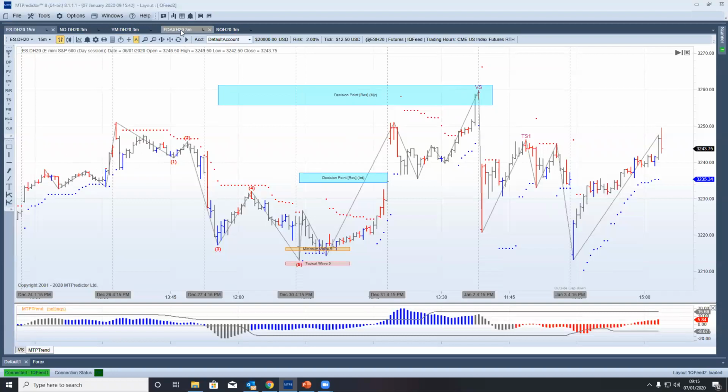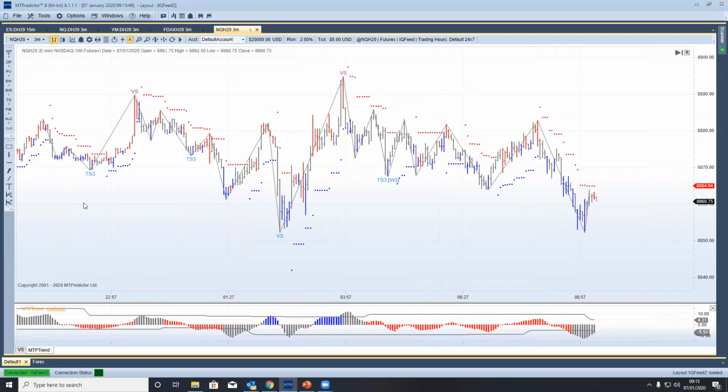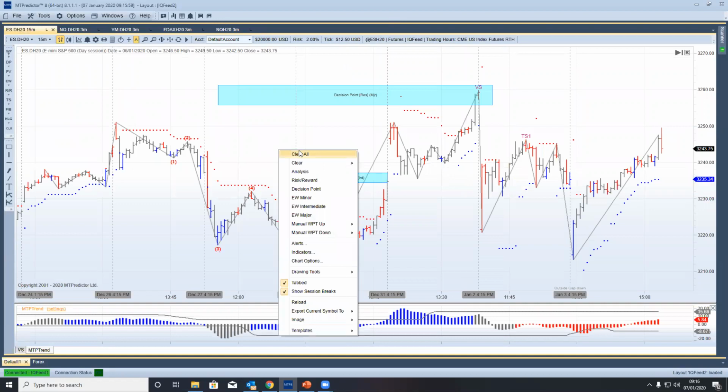Right, I want to have a look at our VS setup, or volume spike setup. This is actually on the NQ, and this is on the 24-hour chart. What I looked at earlier was on the day session only chart.